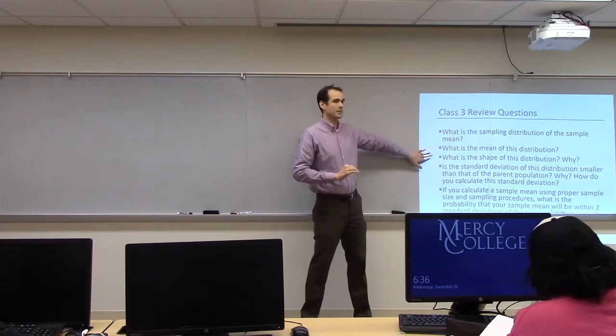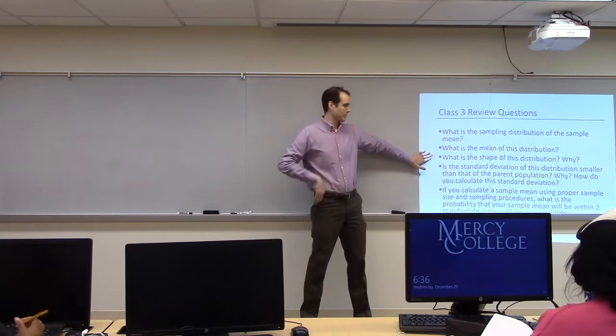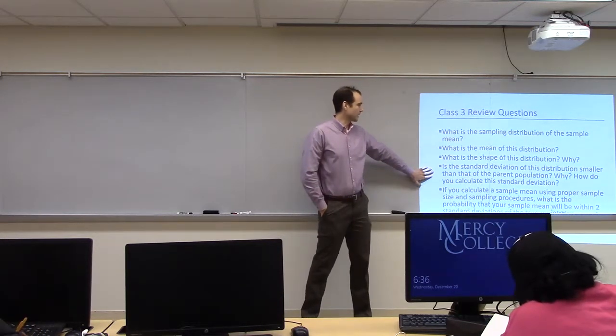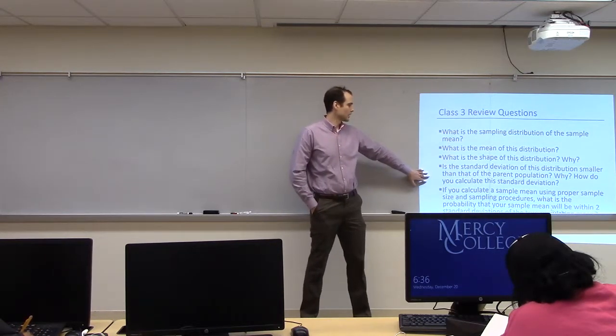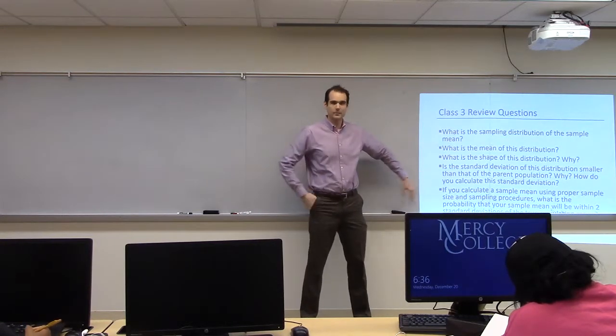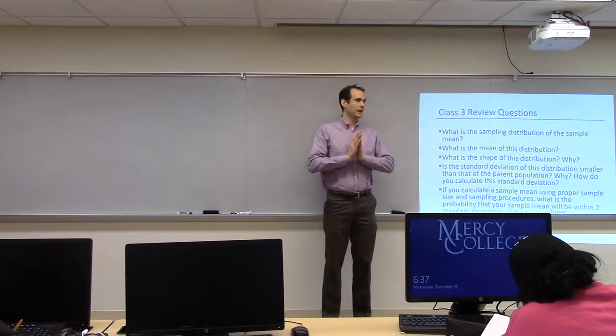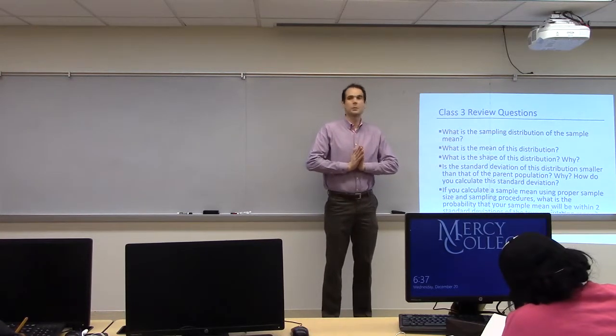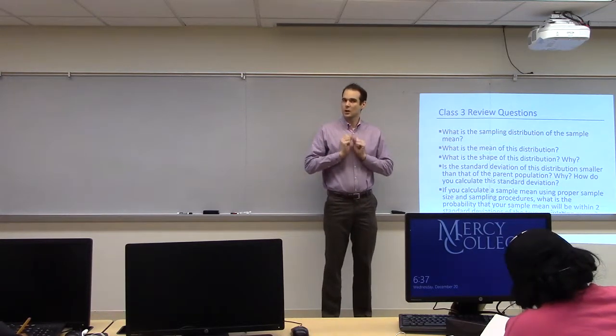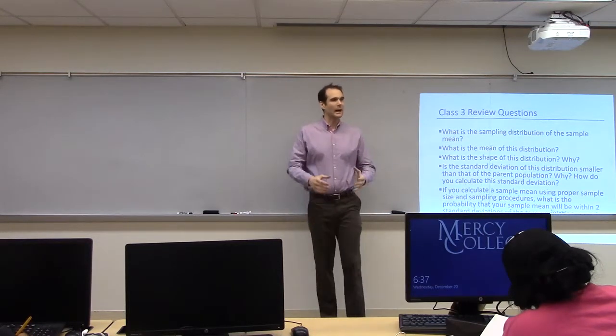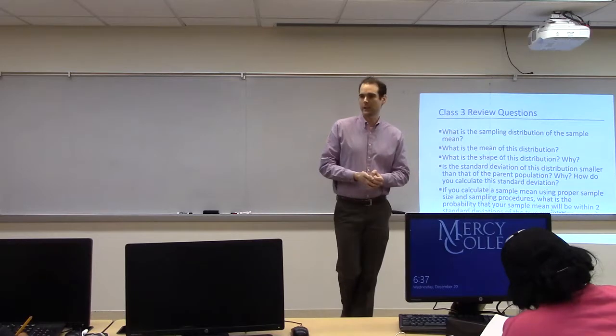What is the shape of this distribution? As we said, a normal bell curve. Is the standard deviation of this distribution smaller than that of the parent population? Yes, it is. The sampling distribution of the sample mean has a smaller standard deviation. Remember, it is skinnier and taller. The reason for that is the chances of outliers are much less likely.